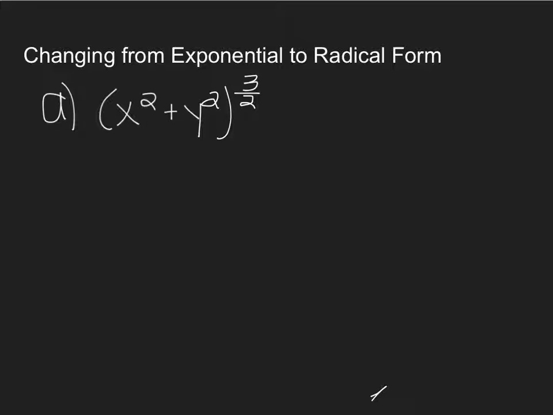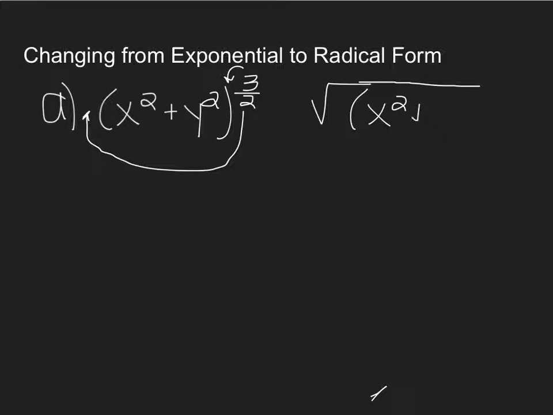We don't need to simplify this here. What we need to do is just make sure that we write it in radical form. So remember, the 3 is our exponent, and the 2 is going to come outside of our radical. So we actually have the square root of x squared plus y squared cubed.